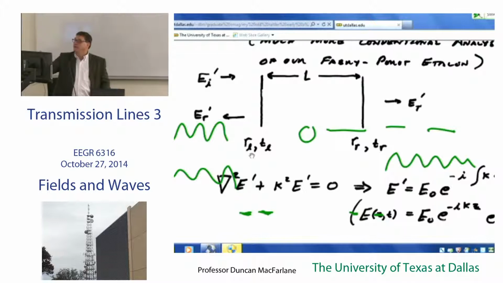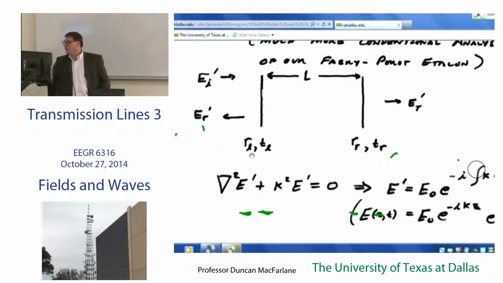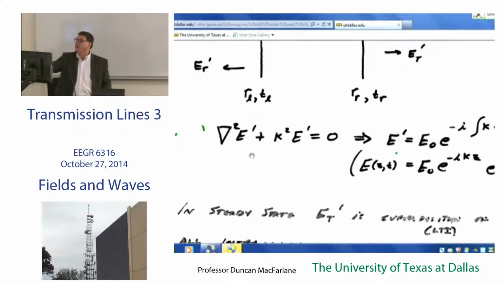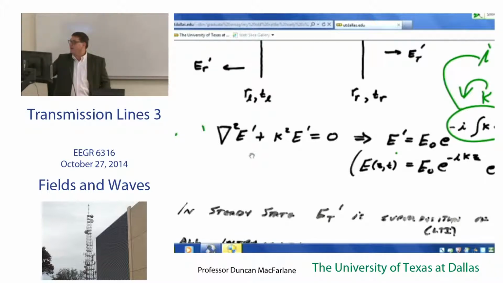And if you solve the wave equation, which we've done a million times, you get the plane wave term if k is just a constant here. Then we pull k out of the integral, and this whole thing becomes e^(ikz). Okay?